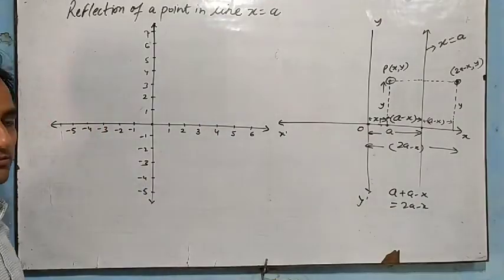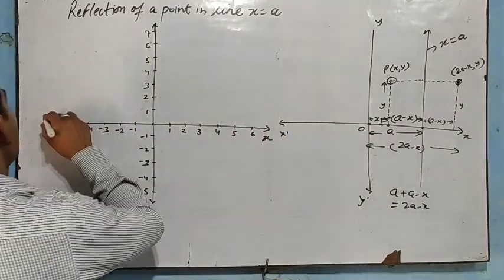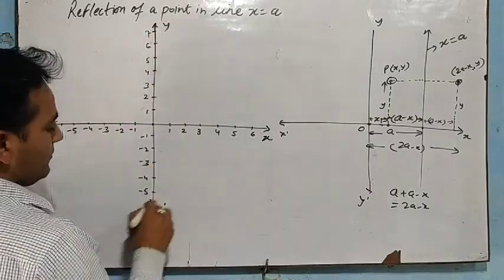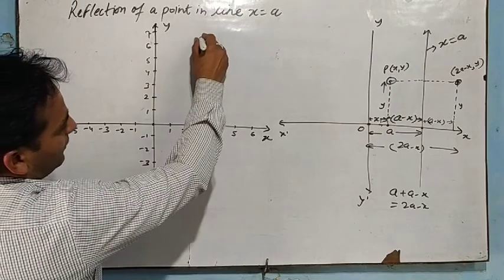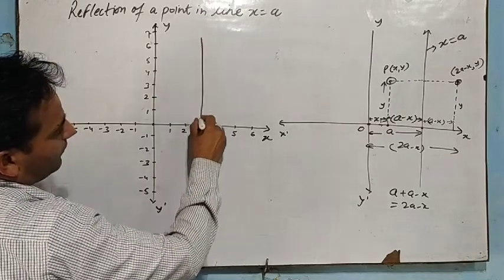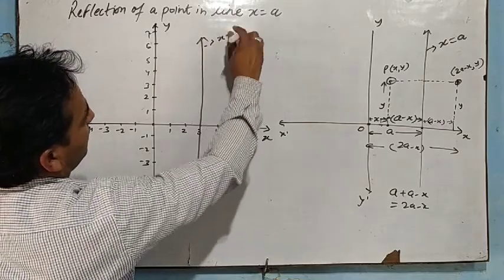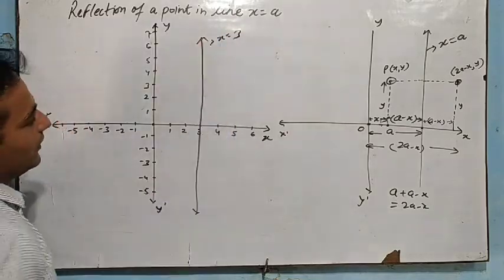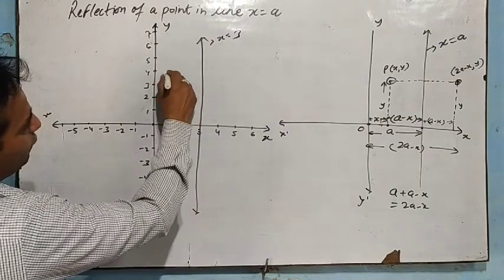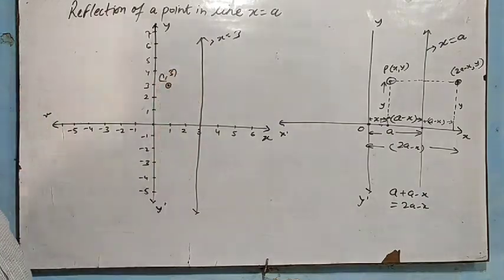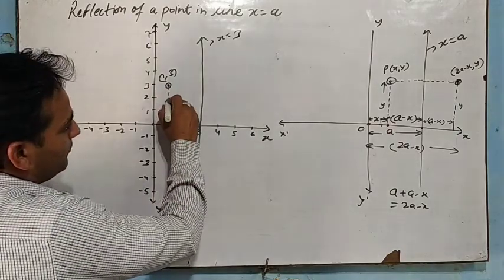If we have this coordinate axis, x-axis I have made, x dash, y, y dash. Okay, and we have a line x is equal to 3. And we have a point, this 1 comma 3, and we want the reflection of this point.